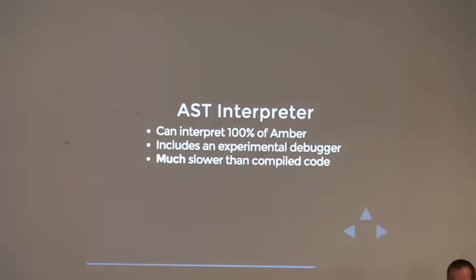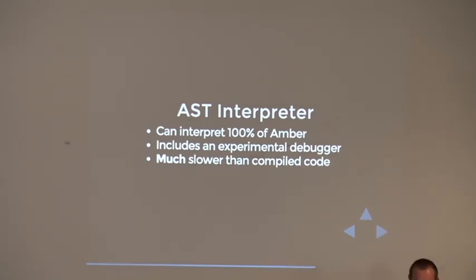Finally, some words about the new AST interpreter. So now that we have a proper semantic analysis, it's quite easy to interpret the AST nodes directly with a new visitor, and we do that. The new AST interpreter is quite mature now. It's able to interpret everything in the Amber syntax and semantics. When I mean everything, it means that we run all the tests of Amber, but instead of compiling them, we run the AST interpreter and check if everything is green, and everything is green.